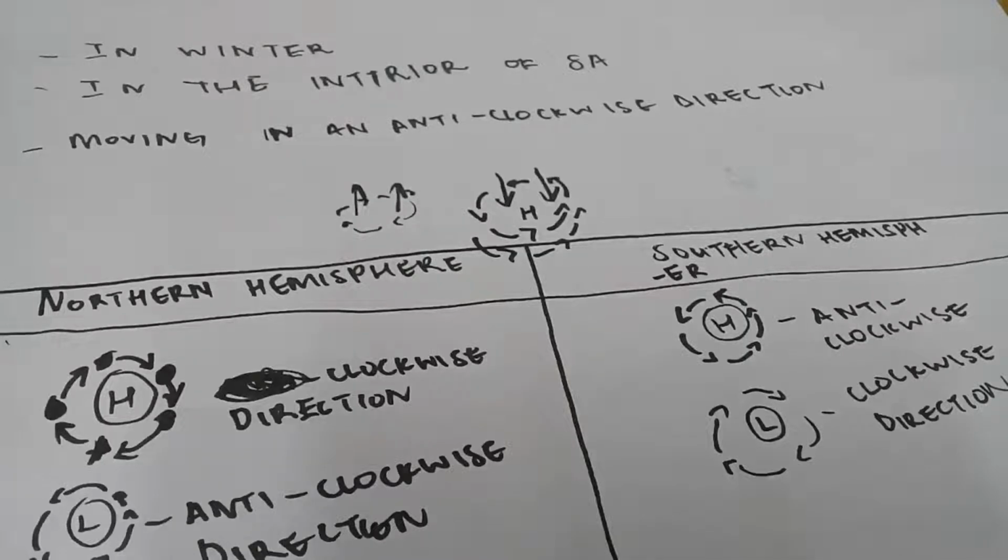Then a low pressure cell will move in an anti-clockwise direction, which is caused by converging air. Then in the southern hemisphere, the high pressure cell will move in an anti-clockwise direction, and the low pressure cell will move in a clockwise direction. Yes, that's it.